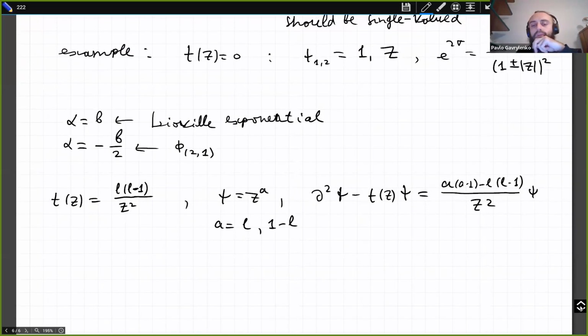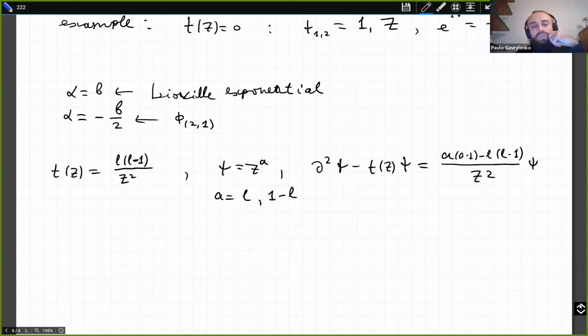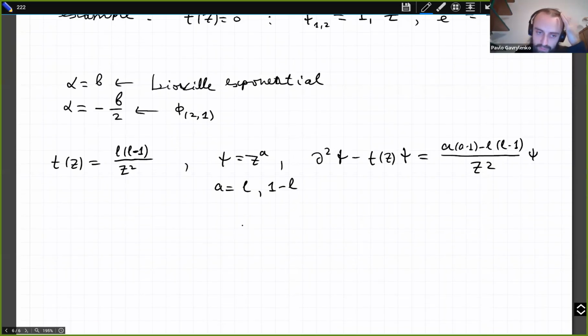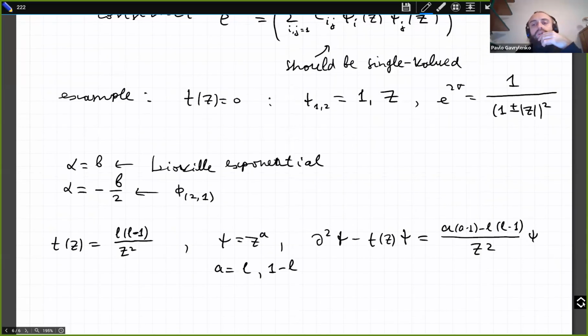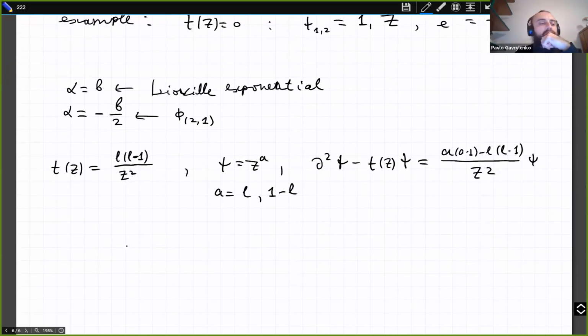So if L is some arbitrary number, we should construct a metric which is single valued.